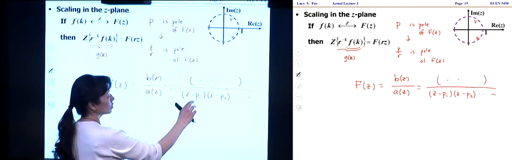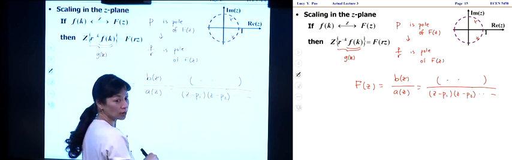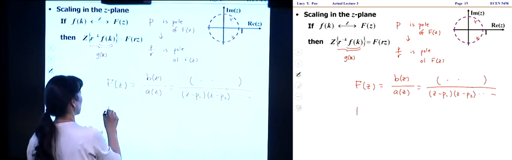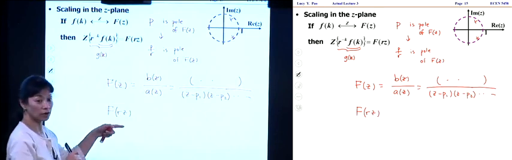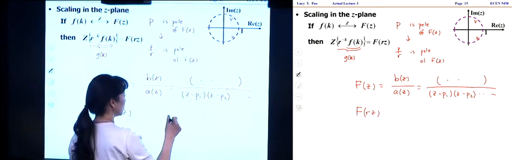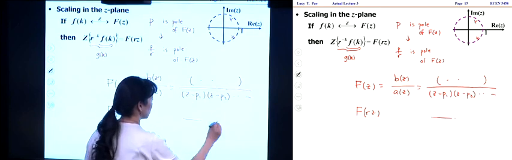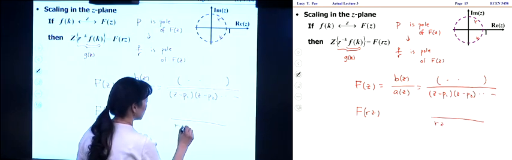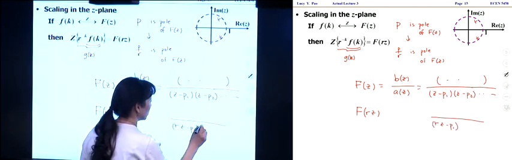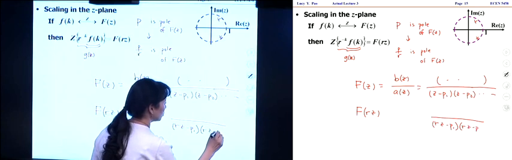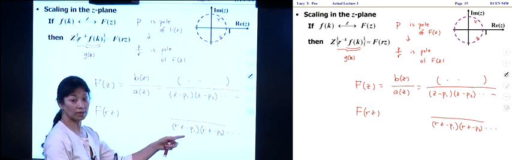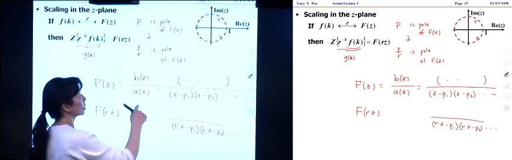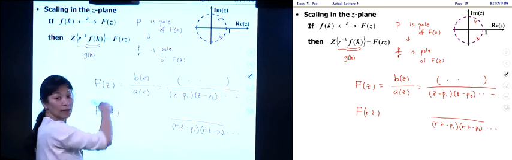The poles here are little p1, p2, etc. But now if your z transform is F of rz, you plug these in, and in the denominator you'll have rz minus p1, rz minus p2. So you can see that this will vanish when z is equal to p1 over r. So all the poles get scaled.